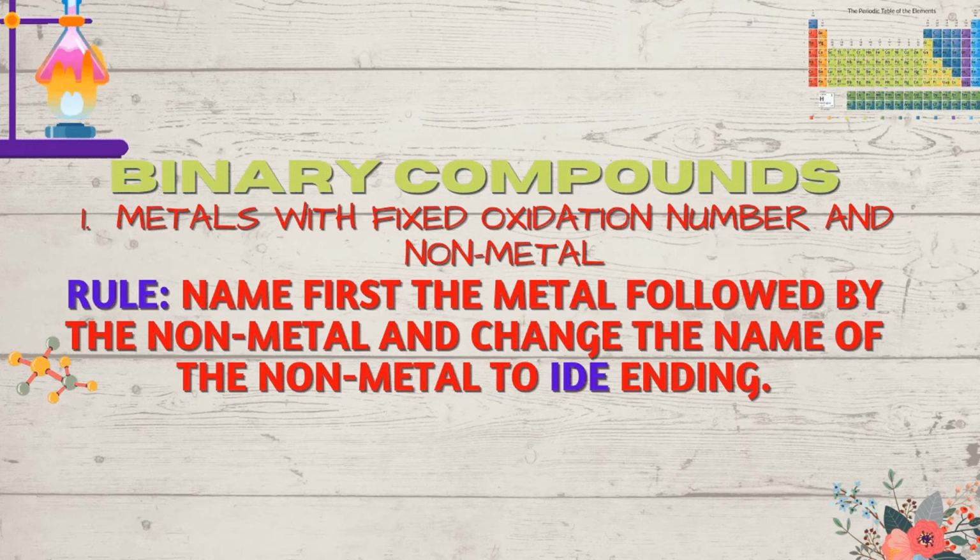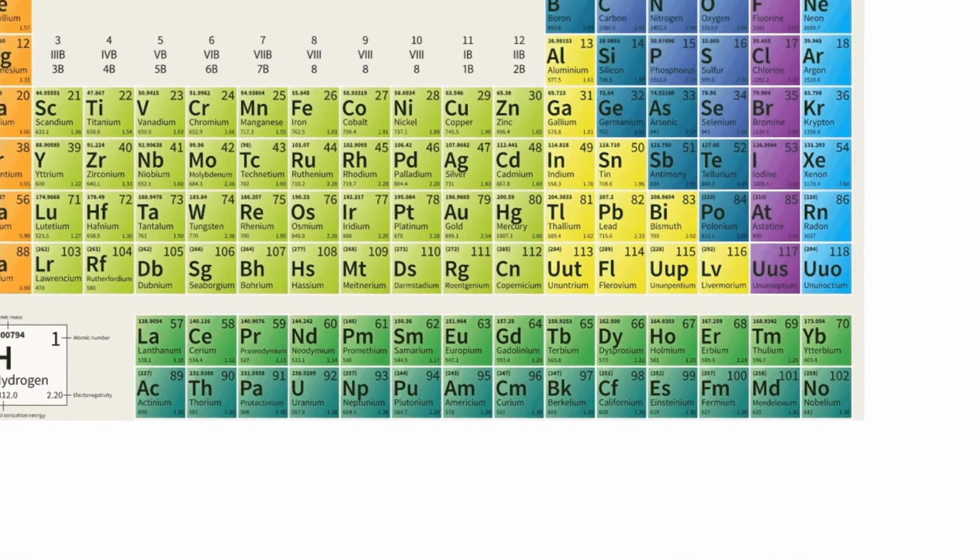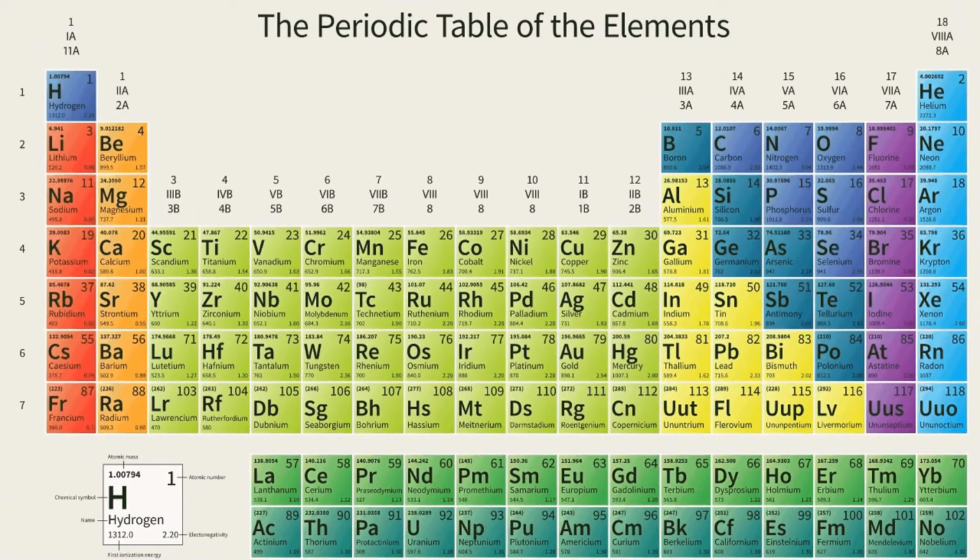So you are all familiar with the elements or the periodic table. So you can actually identify which is a metal and which is a non-metal. Okay, so let's take a look at the periodic table. I guess you still remember which are the metals, non-metals and semi-metals.